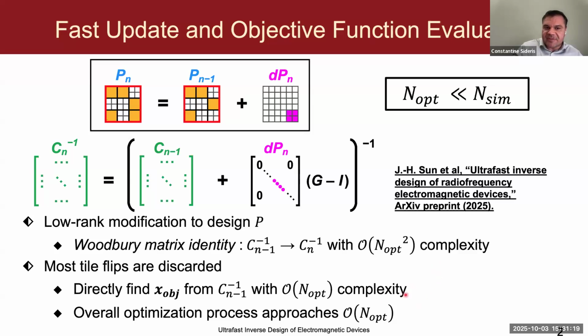And perhaps more surprisingly or importantly, if you just want to evaluate the objective function due to flipping a tile, but not yet update the matrix, because maybe that tile flip was bad and you want to undo it and go back to where you were before, you can show that this can be done in linear complexity, order n opt. So basically, it's the fastest possible complexity that you can have for something like this.